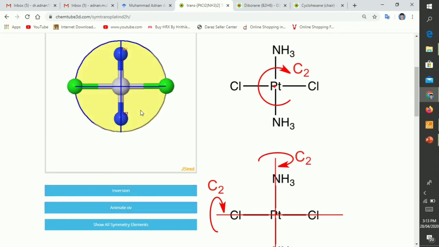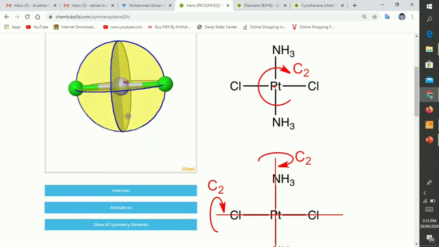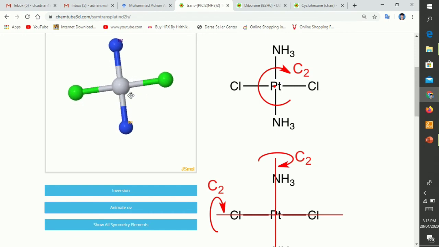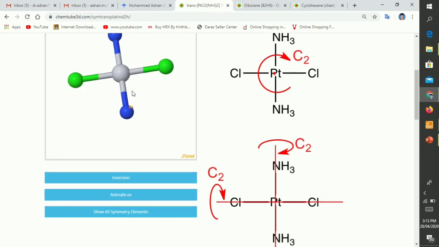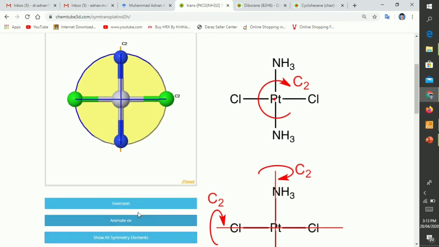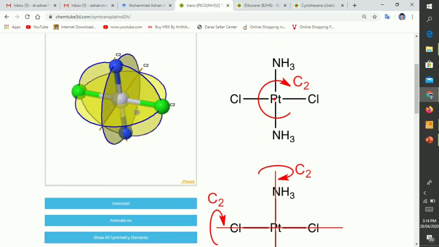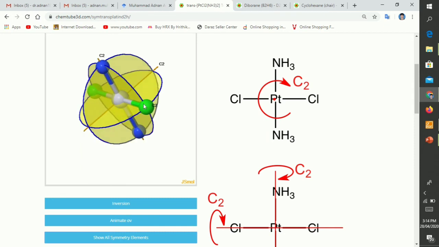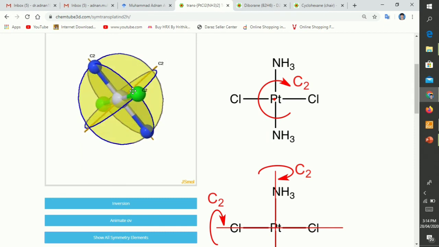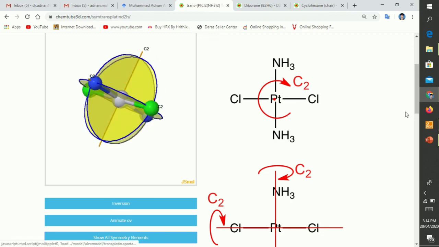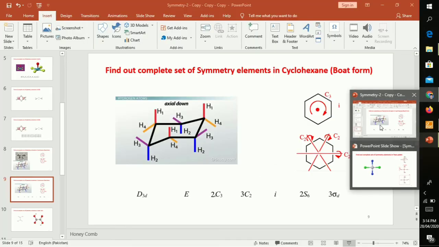There are 2 sigma v and 1 sigma h present in this molecule. This is the description of all symmetry elements found in transplatin. There are 3 C2 found, C2, C2 dash, C2 double dash and 2 sigma v along with inversion center and 1 sigma h. So there are different types of symmetry operations found in this molecule.